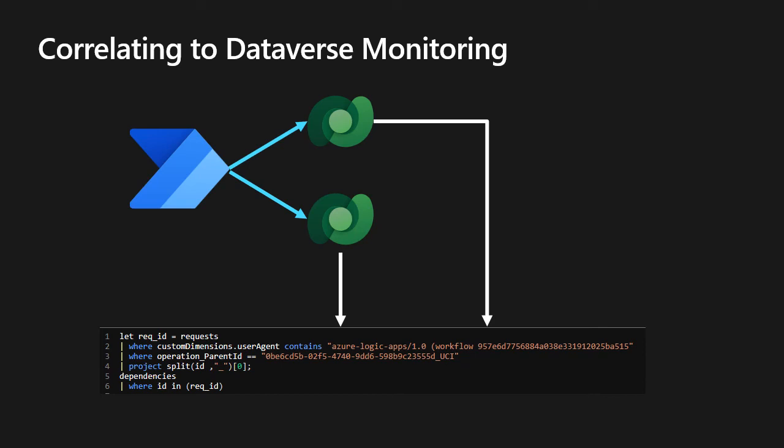A couple of options we have are to look at the operation_parent ID. This is part of the output from a Dataverse transaction. This operation_parent ID actually correlates to the request underscore ID. If you see on line 1, we have REQ_ID.